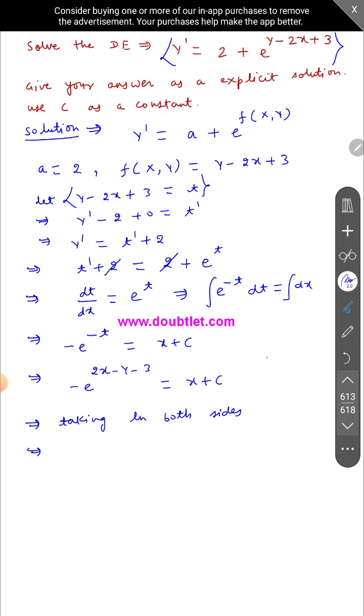We know that ln of e to the power t is t, means this whole power comes in front and ln e to the base e will be cancelled. So if we take ln, minus e to the power 2x minus y minus 3 is equal to ln of x plus c.